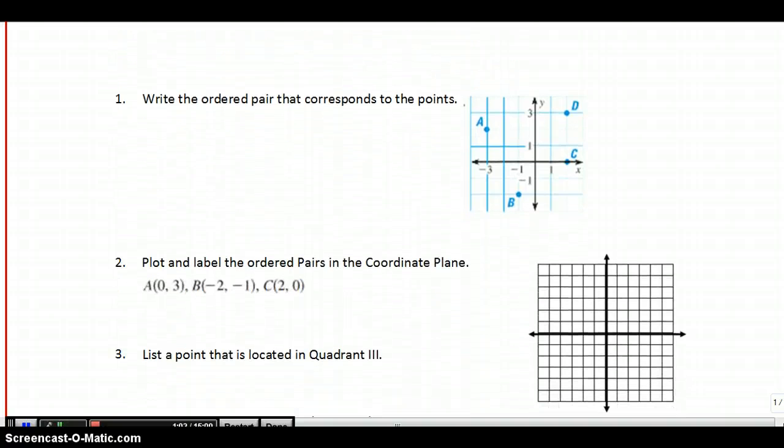So let's look at some of the examples. You've got to be able to write an ordered pair that corresponds to a given point. So for point A, I'm going to look and I see it's -3, +2. Looks like one of my points has disappeared when I copied. So it's the point -3, 2. Now point B is -1, -2.